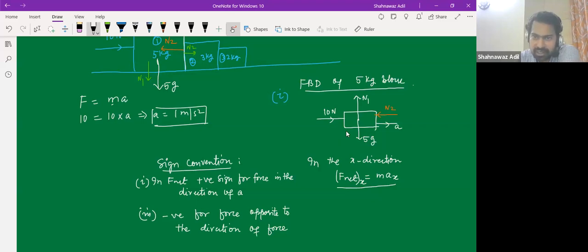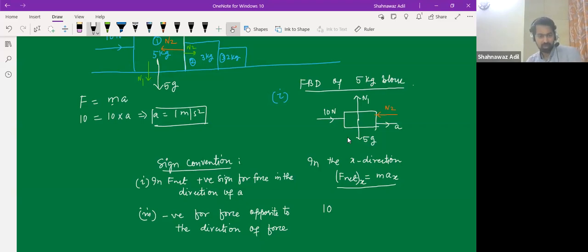Can you tell me this 10 Newton is in the direction of acceleration or against the direction of acceleration? In the direction of acceleration. So we will write plus 10. And we have this N2. Is this N2 in the direction or opposite to the direction of acceleration?